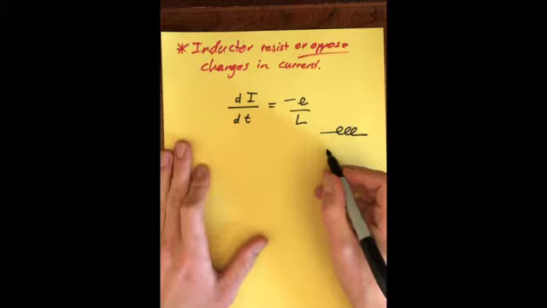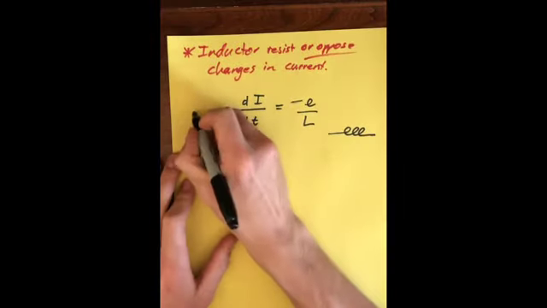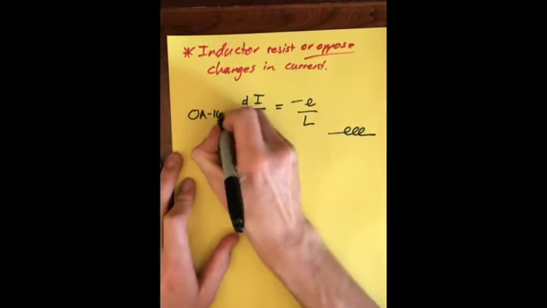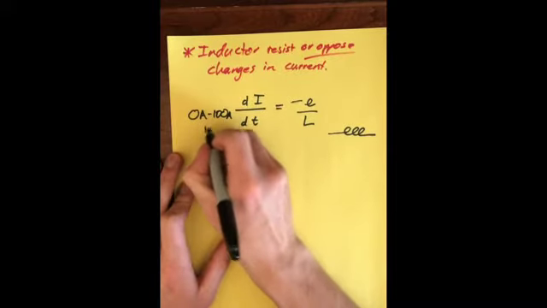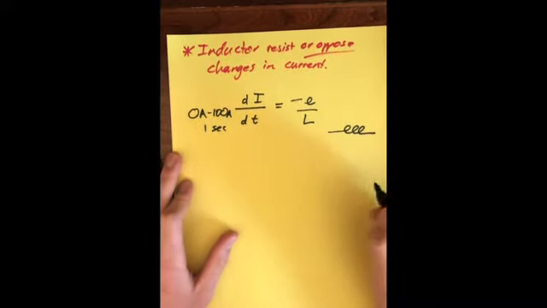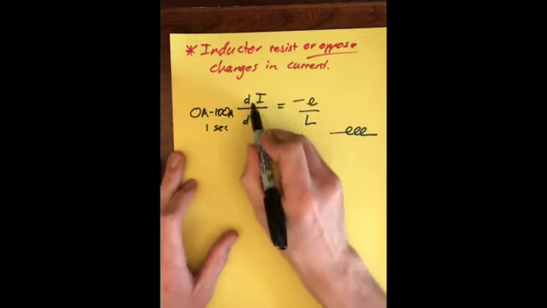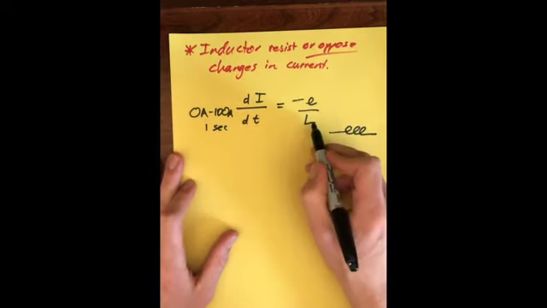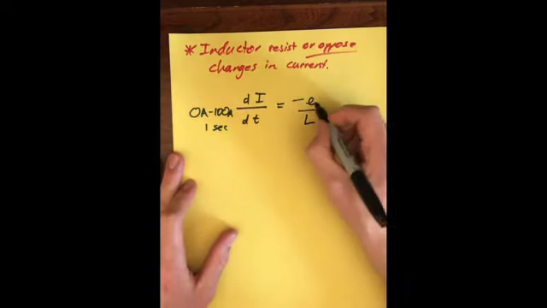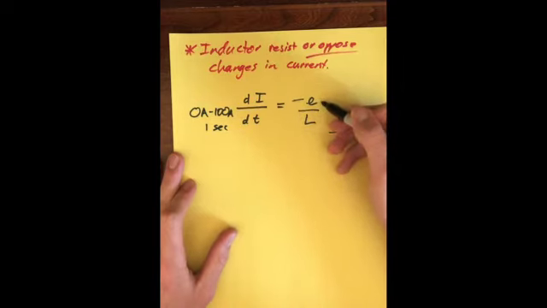Let's say the change in current is very quick, like 0 amps to 100 amps in 1 second. Just an example. If this whole left term is large, that means that this term also has to be large. So our induced voltage, or EMF, is going to be pretty large.